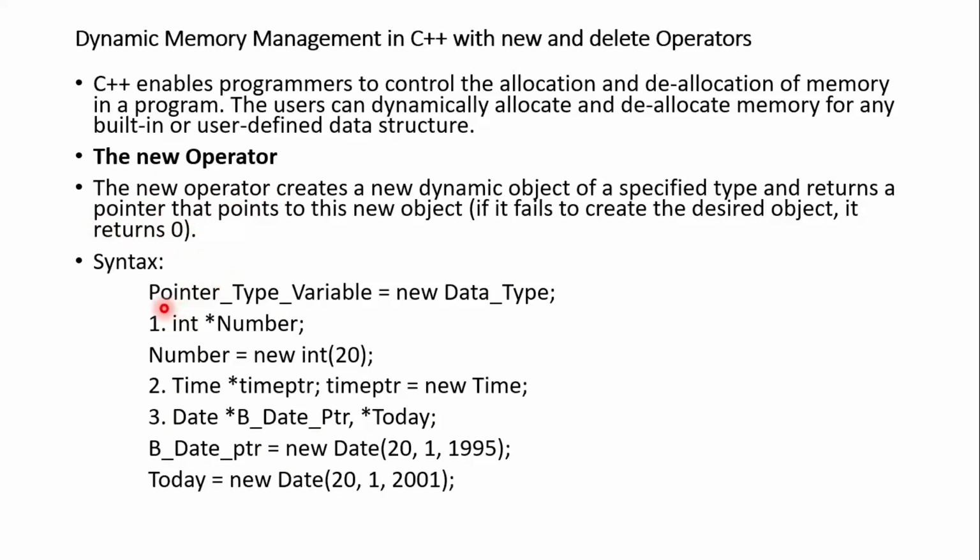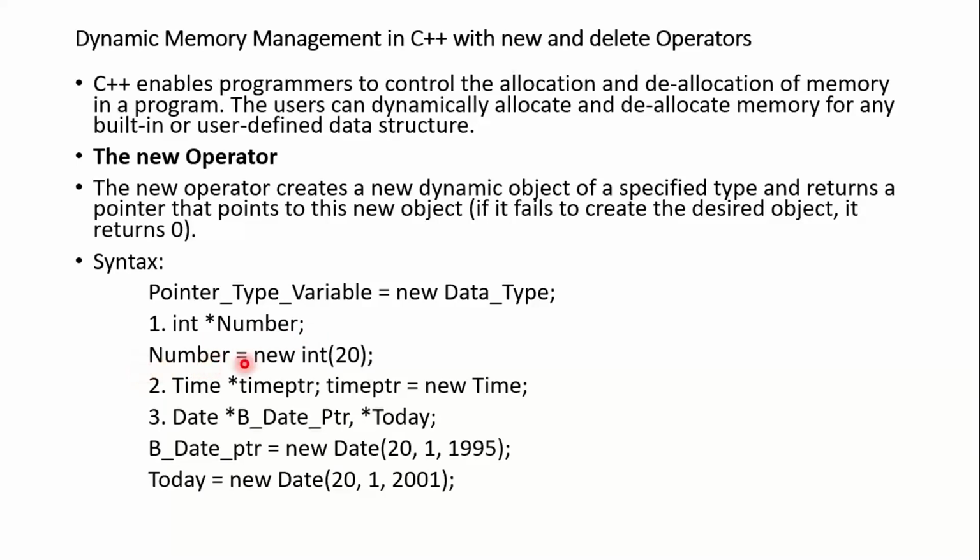See here, the syntax: pointer type variable is equal to new, space, data type. Here new is the operator and here is the data type. So here, int pointer number. This number is a pointer.